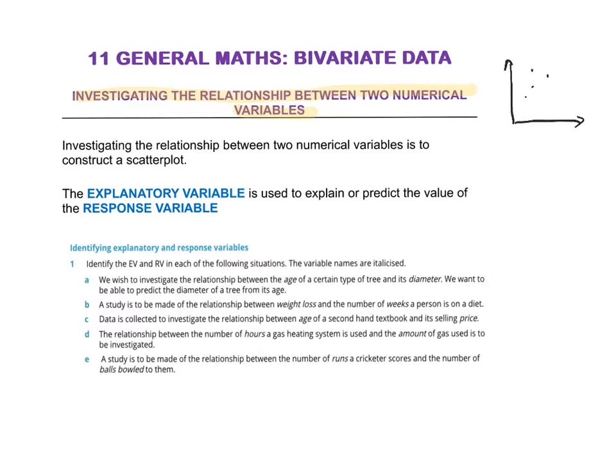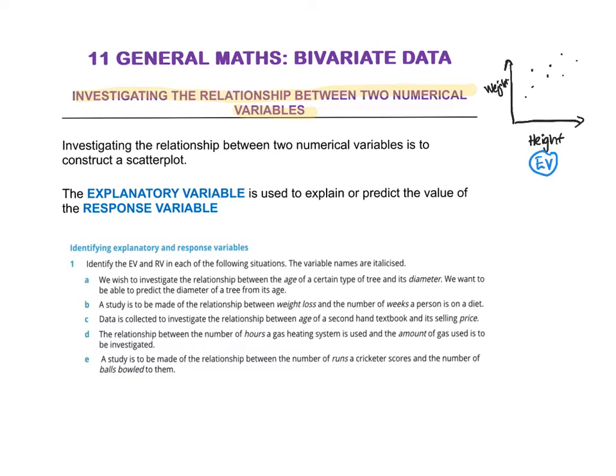So you might have height along here, and weight over here. Okay, so we have two variables. This one along here is often known as the explanatory variable.